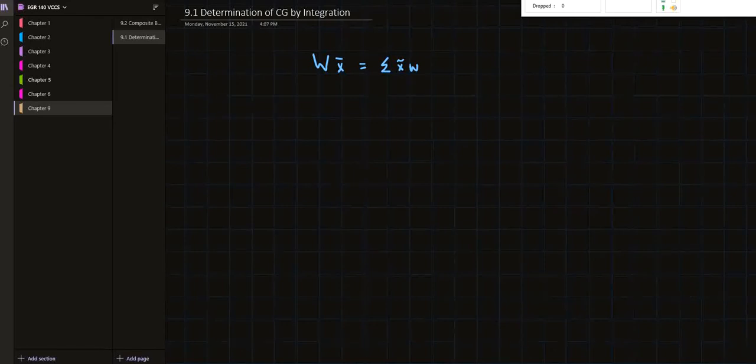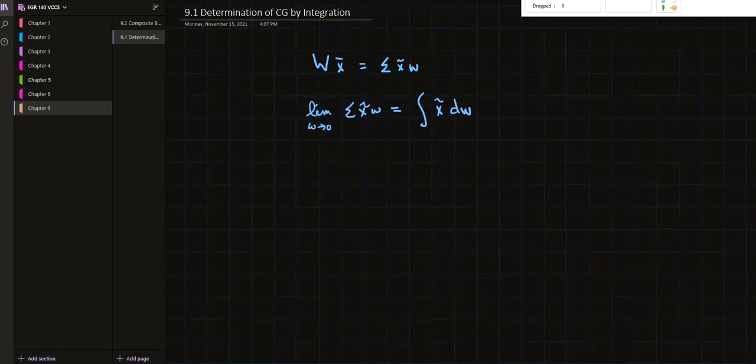So if we look at a situation like that, then we can take the left-hand side and take the limit as dw approaches 0 of the sum of x tilde dw. And that, of course, is going to equal the integral of x tilde dw.